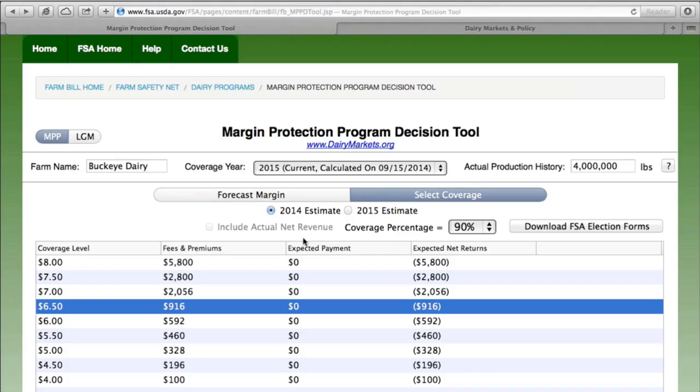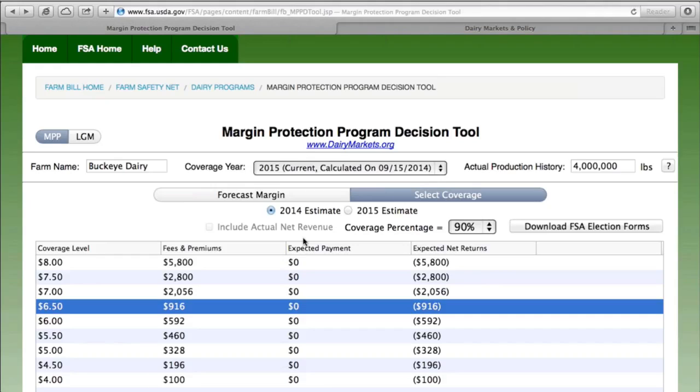Explain the bump in relation to registration. Well, the USDA every year is going to change your production history based on changes in milk production. So for 2015, your production history is automatically increased by 0.087%. Multiply your production history by 1.0087.